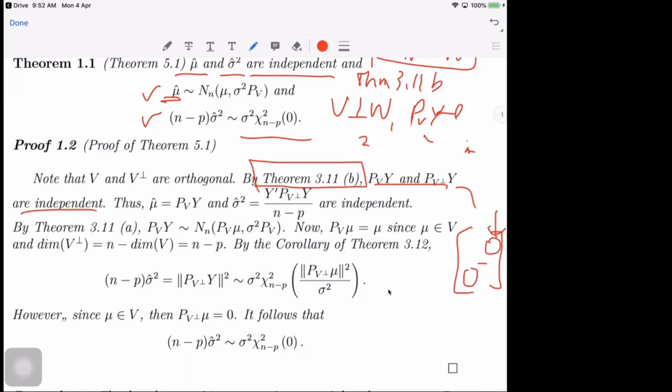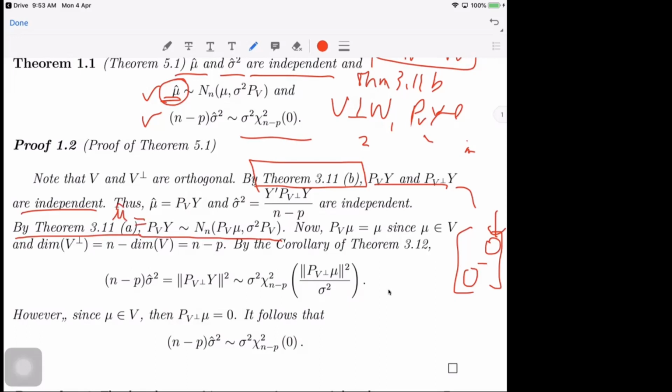Next, the distribution of mu hat. We use 3.11a. It is automatic, because this is mu hat.